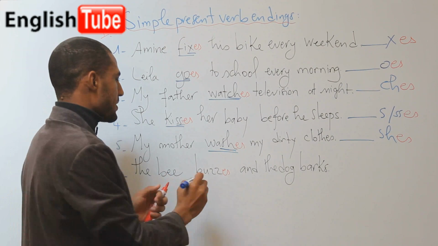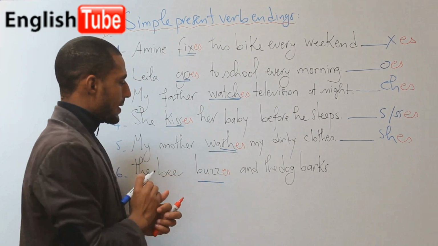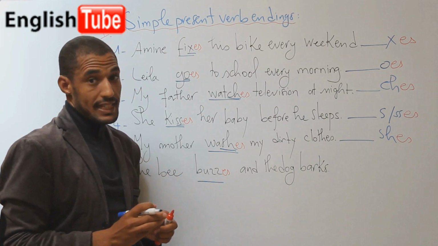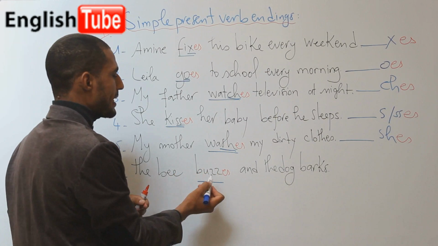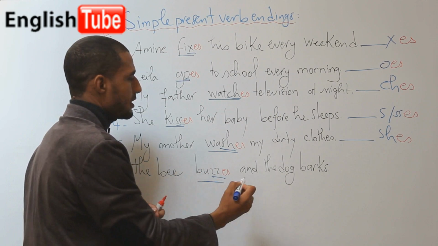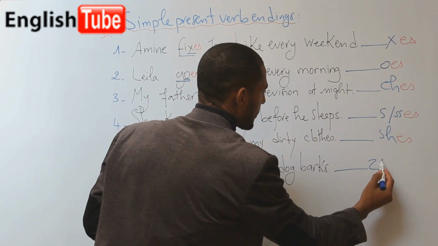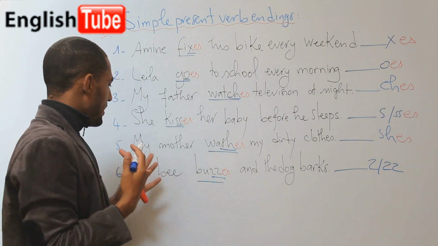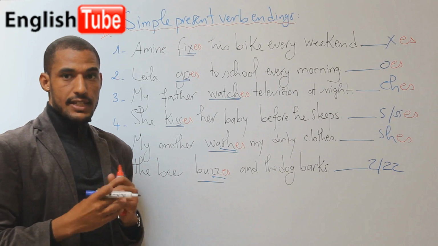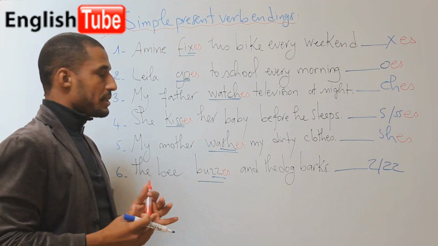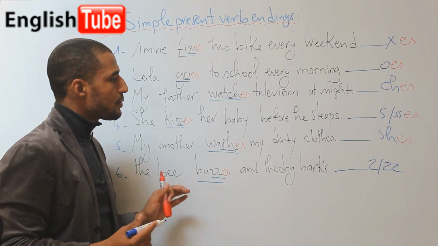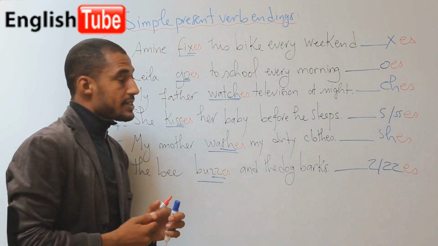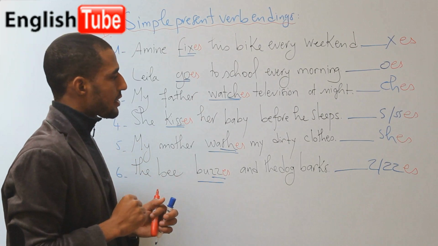And the verb base here is buzz, so the last letter is either Z or ZZ. Whenever you have Z or ZZ at the end of a verb, in addition to the subject pronoun being he, she, or it, we should have ES at the end as a verb ending in simple present. This is very important.